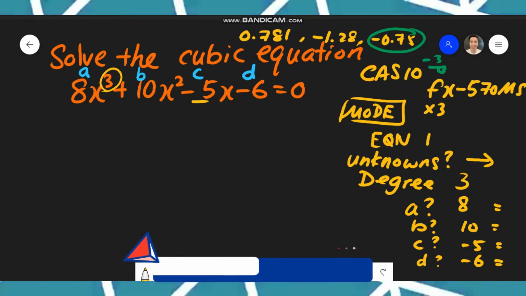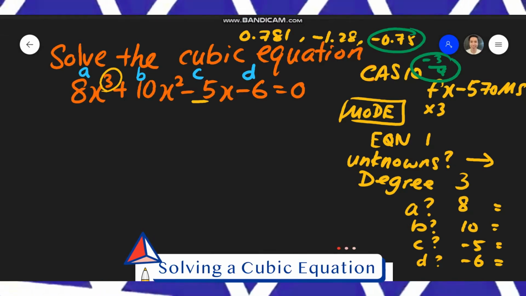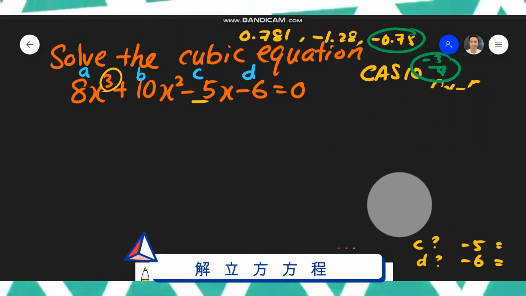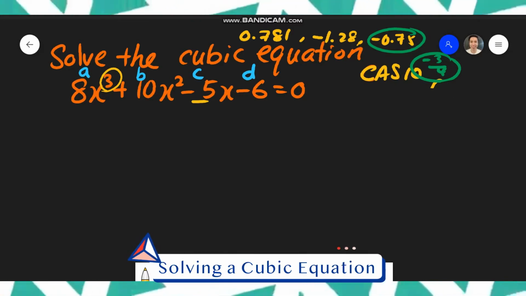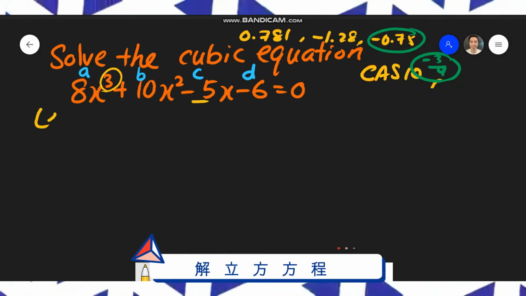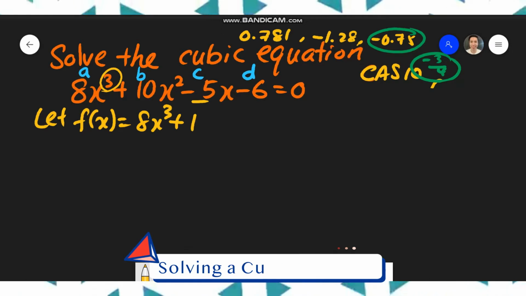So for the first step, let me erase this part first. We can let f(x) equal 8x cubed plus 10x squared minus 5x minus 6.